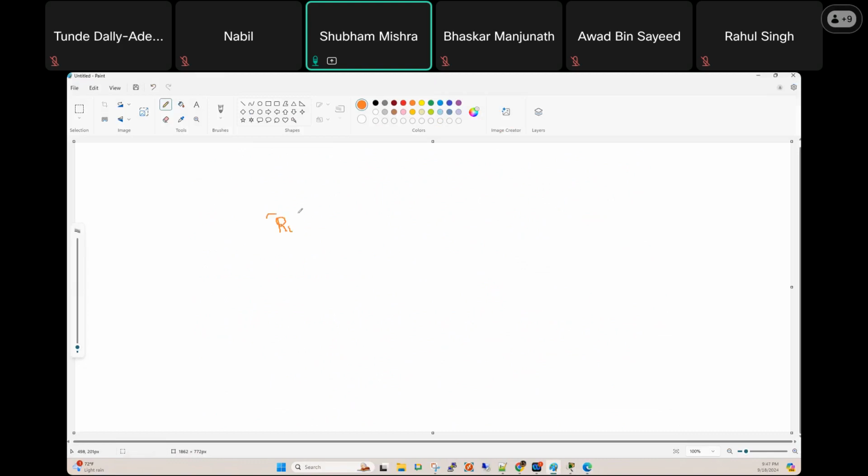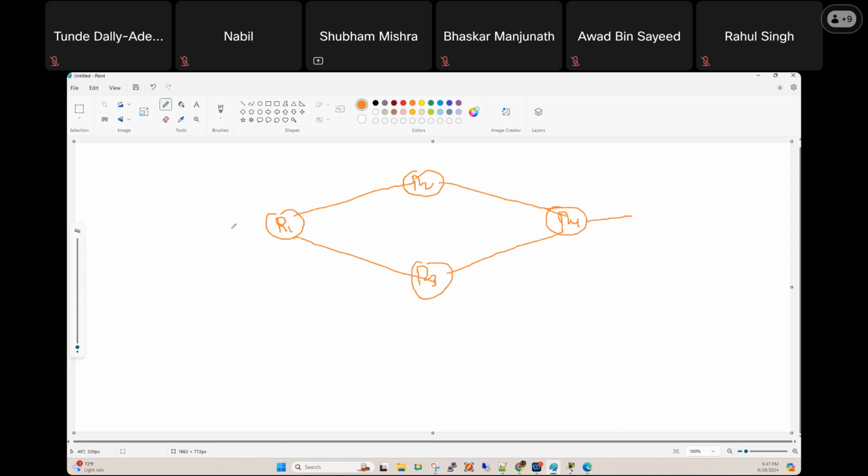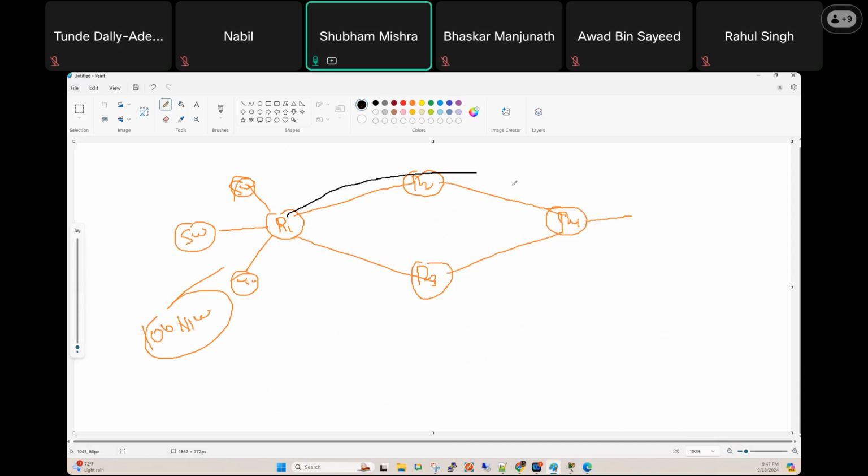Alright, see, R1, R2, R3, R4. For example, there is a switch, there is a switch, there is a switch, and let's suppose there are 100 networks. When you configure OSPF, this router shares the complete network information with this router.